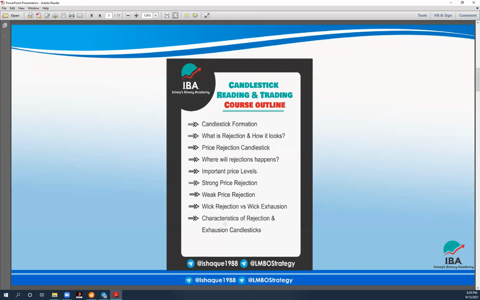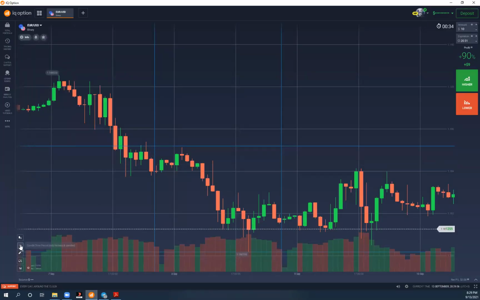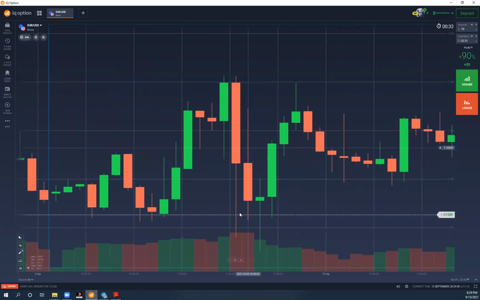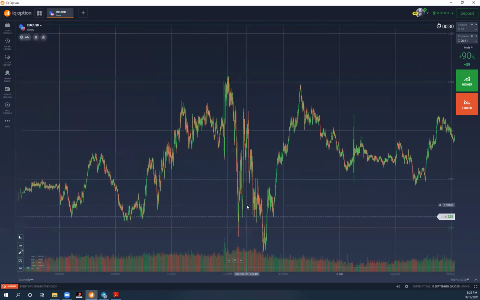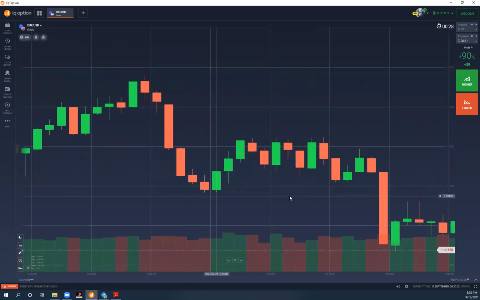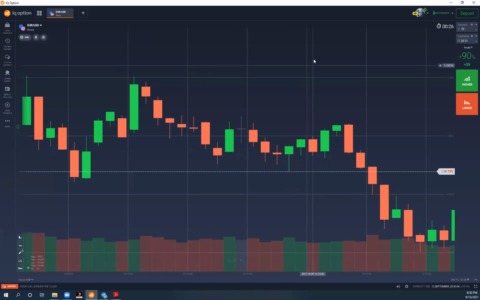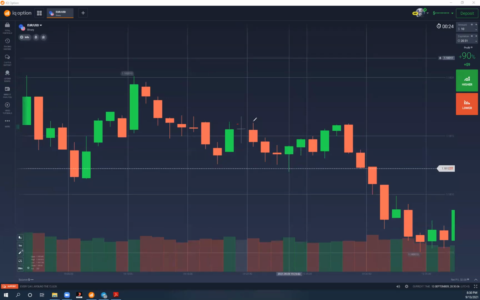Yes, sir. Now how can you identify? I'm going to suggest you: go to the 1 minute chart, there will be so many dojis, right? After this doji, what is the next candle? Understand that this candle must be a green candle, but buyers were unable to create a candle, that's why it's a doji.